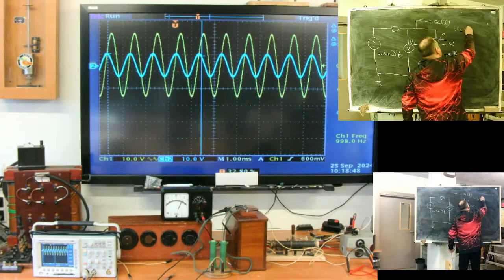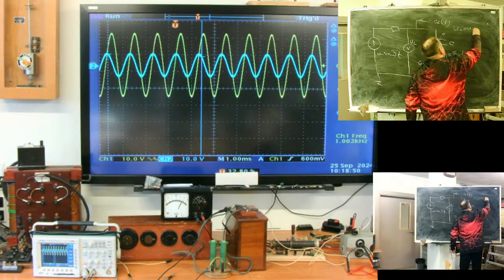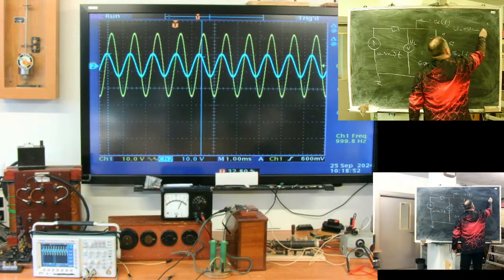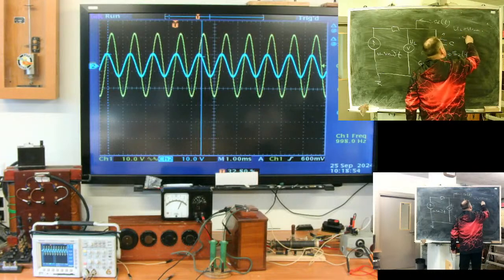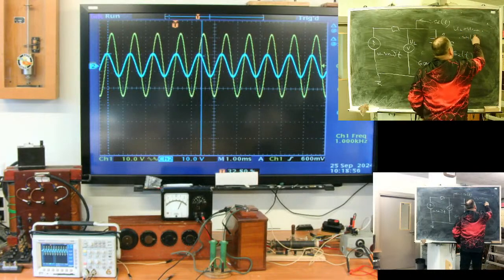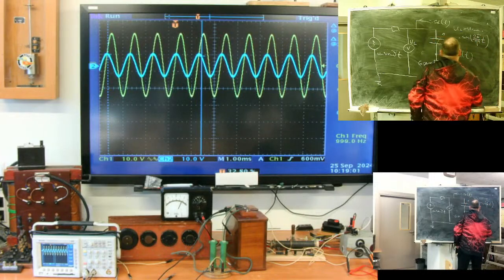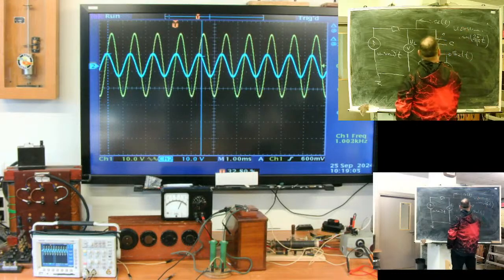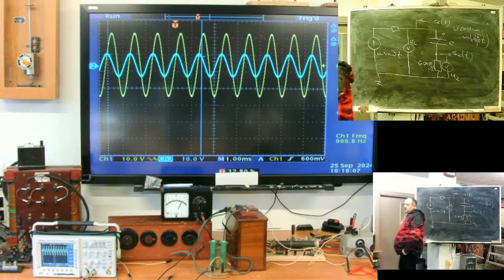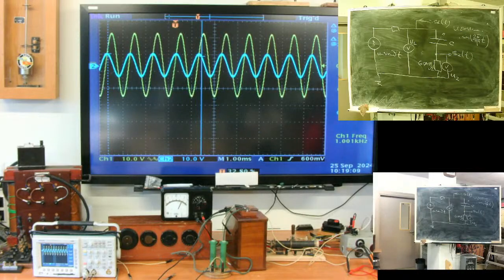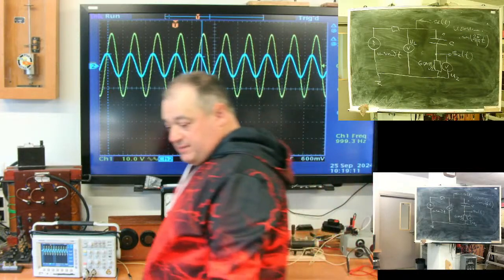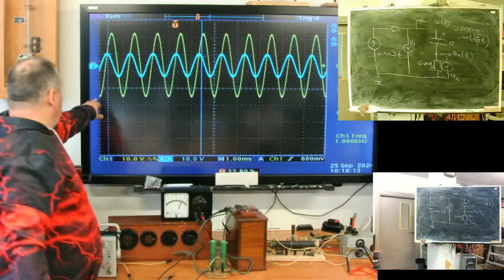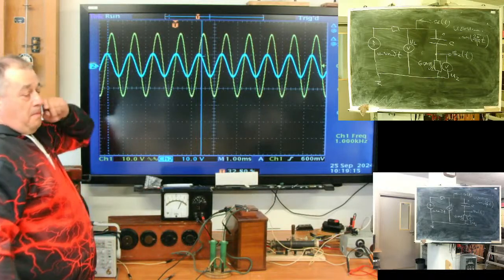If U1 is again some U1 maximal multiplied by sinus of double P divided by T, as a function of time, what will be second voltage? Can you write it? Can you name it? Any ideas? Yellow line is the first one.